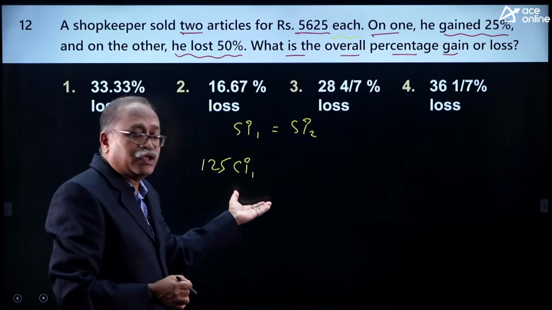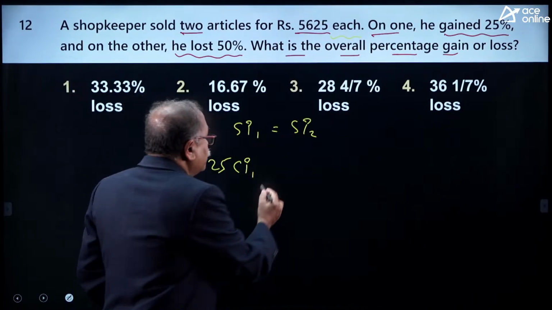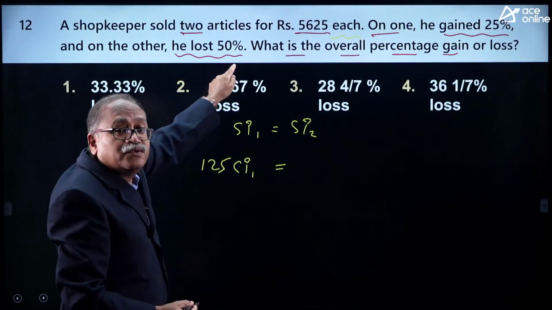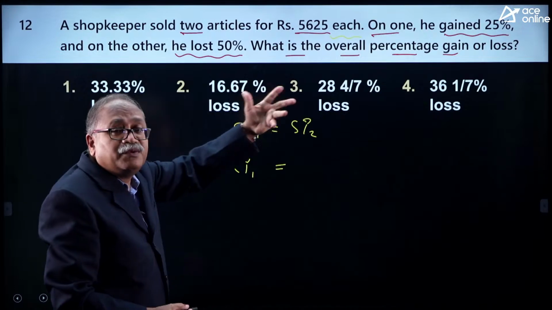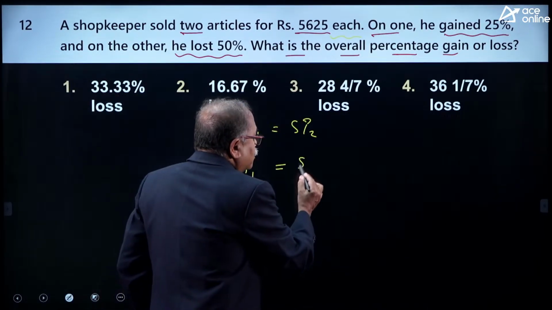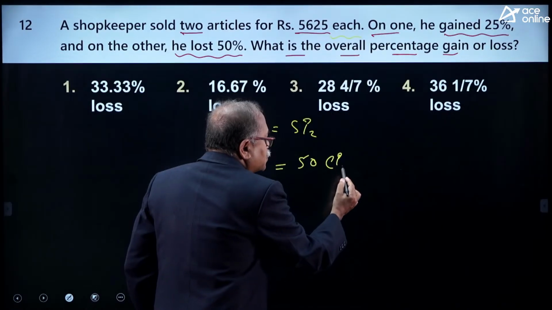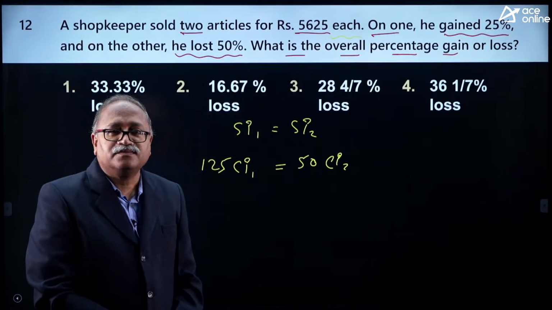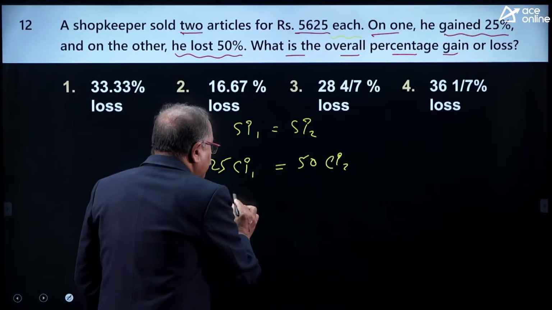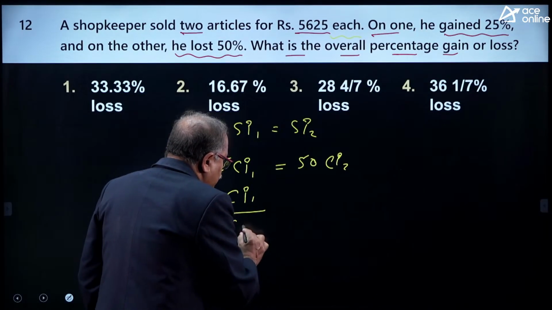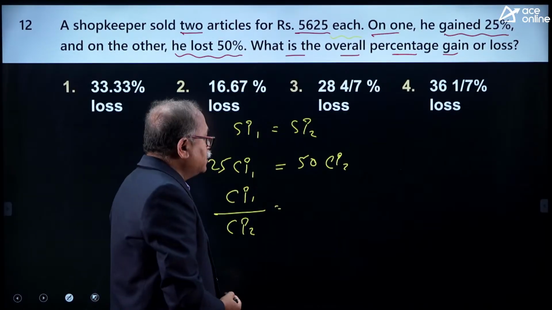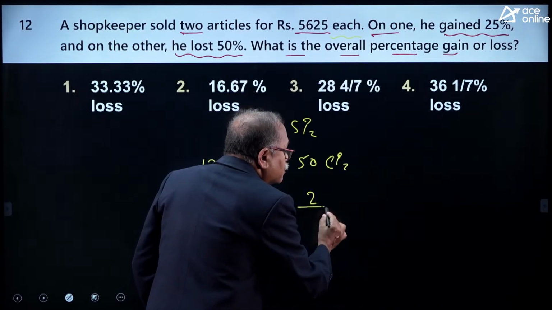So, whatever is the CP1, 125% of CP1 is equal to, in the second case where he lost 50%, the remaining 50% of the cost price, so 50% of cost price 2. Now, can I get the ratio over here? CP1 by CP2 is equal to 50 by 125, and that comes 2 by 5.